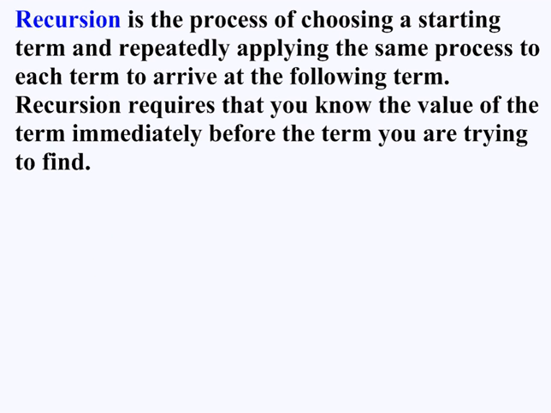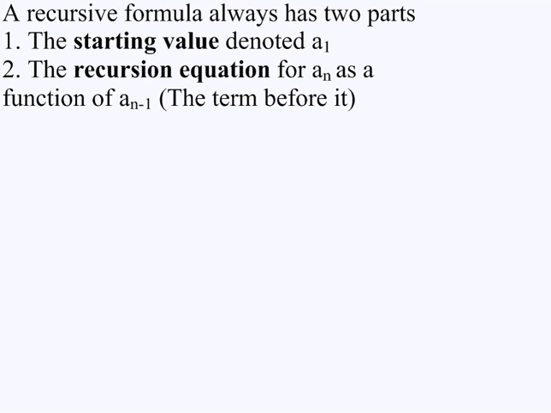Okay, so what is recursion? Recursion is the process of choosing a starting term and repeatedly applying the same process to each term to arrive at the following term. Recursion requires that you know the value of the term immediately before the term you are trying to find. So let's look at an example with recursive sequences.